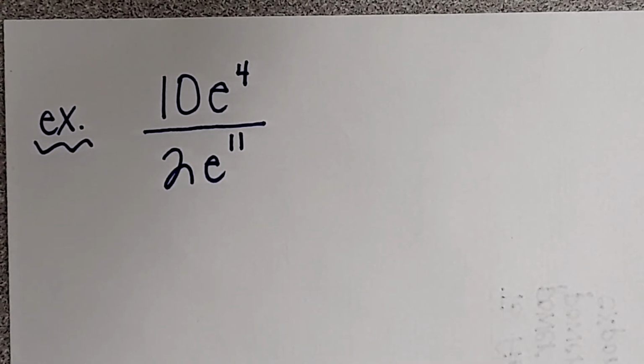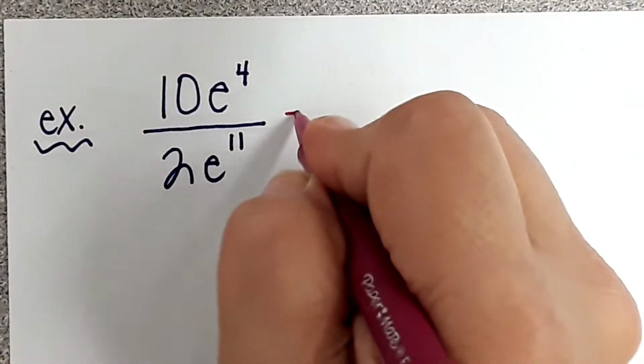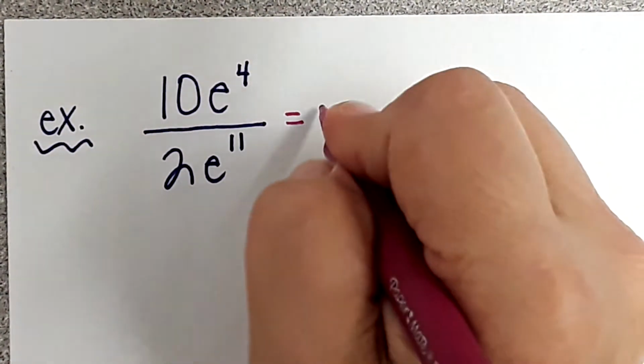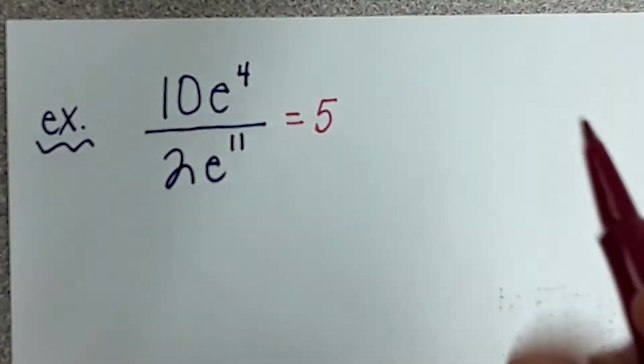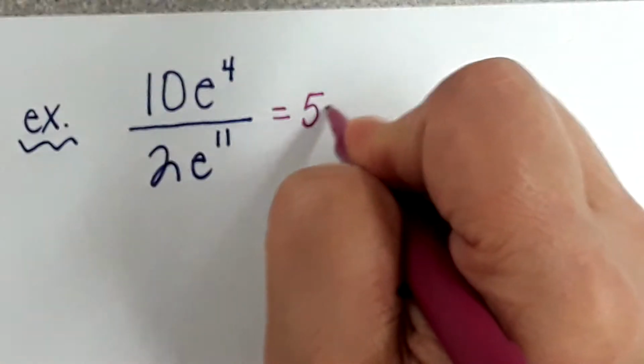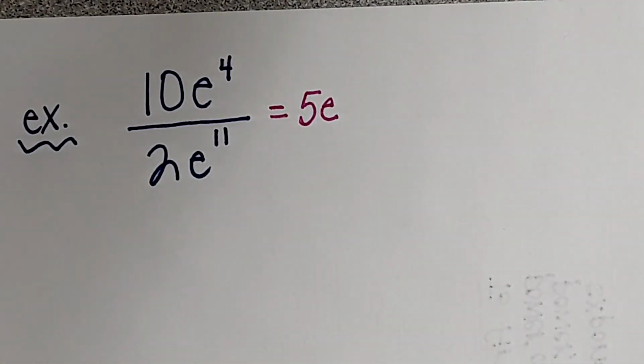Okay, so what would we do with the 10 and the 2? Divide. What is 10 divided by 2? 5. And then what would we do with the exponents? We would subtract, right? So we would do 4 minus 11. Now, in our calculator we can do that. But remember, in real life, you could never do 4 minus 11.